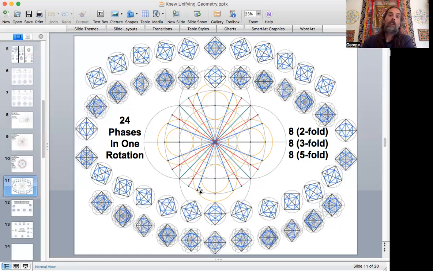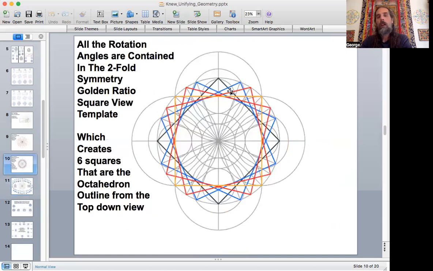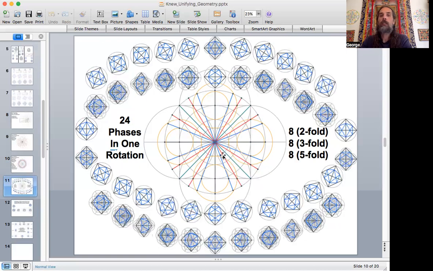And this diagram at the center is really just showing the rotation of the square itself. That's essentially all the squares that you see here would make up this pattern eventually if they were outlined within this diagram in the center.